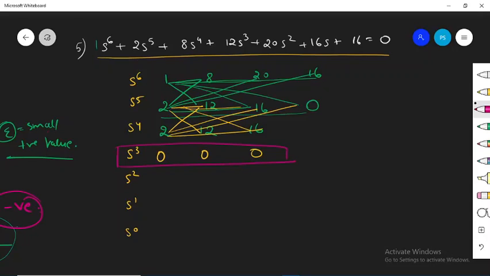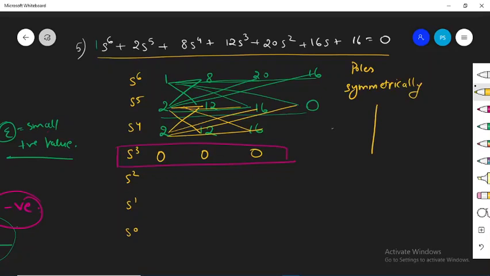So this is another special case, and what it actually means is that whenever an entire row becomes 0, the poles are lying symmetrically along the axis of the S-plane.